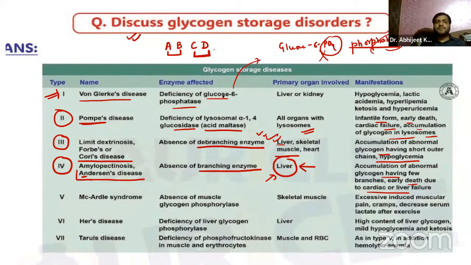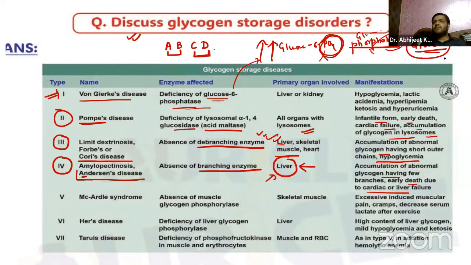Now remember, if this enzyme is not present, will glucose be formed? No, glucose will never be formed, because for the formation of glucose there is an enzyme, phosphatase, which is used to remove this phosphate group. Obviously, the glucose 6 phosphate will be more.